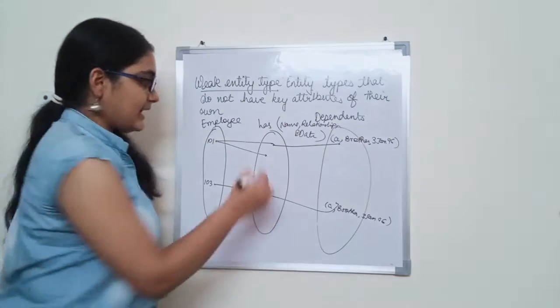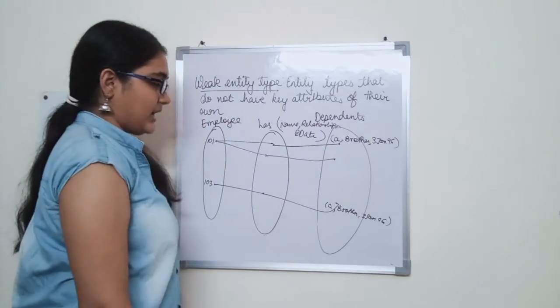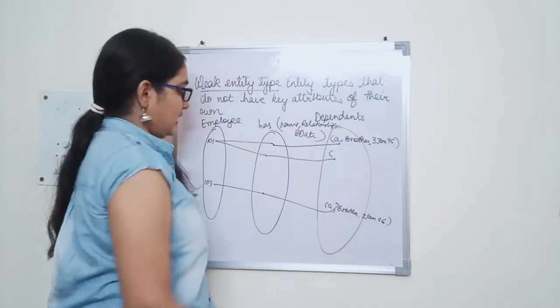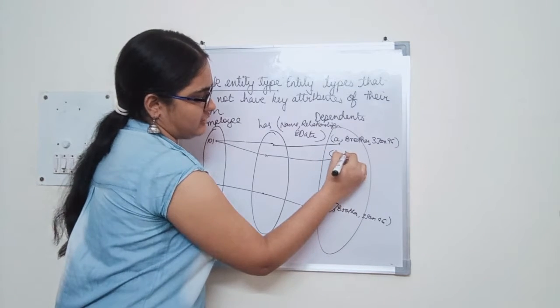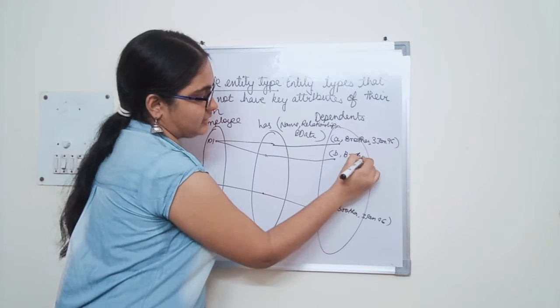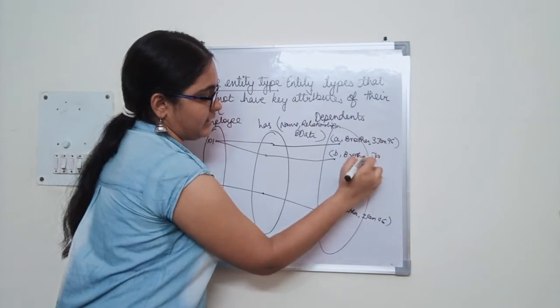Let us say the employee with SSN 101 has another dependent whose name is B and who is also a brother. Maybe the date of birth is also the same.